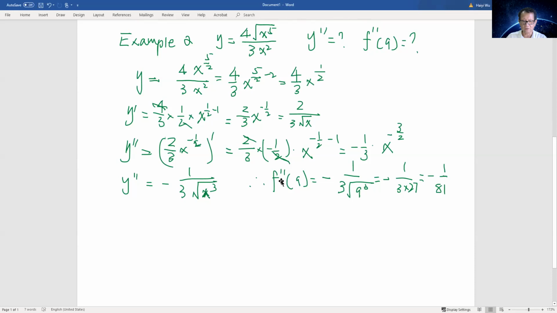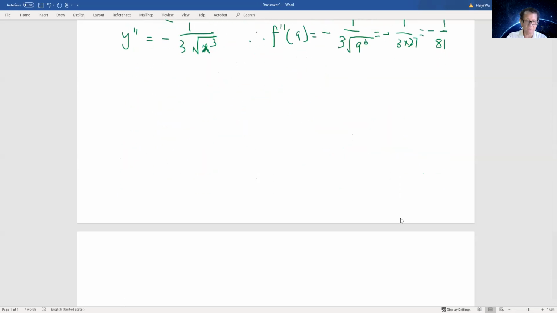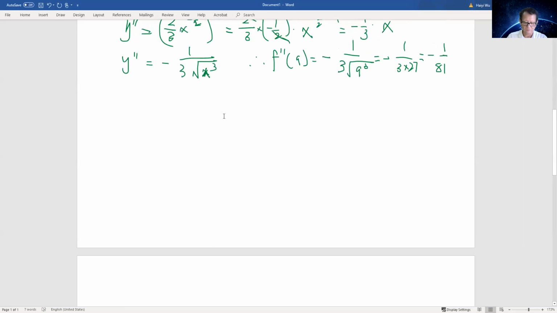All right, so this is another example. Now we're going to continue to do example 3. Example 3, I'm going to give you a little bit more complicated example.